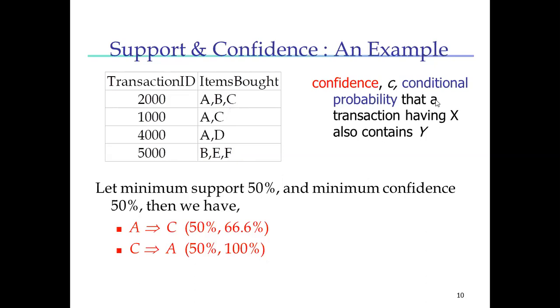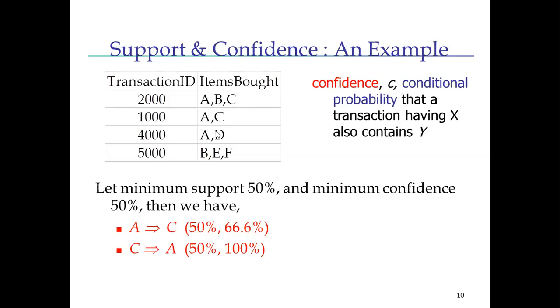The definition of confidence is the conditional probability that a transaction having X also contains Y. Here X is A and Y is C. Of the transactions having A, we see how many also contain C. A appears 3 times, and out of those, A and C together occur 2 times, so it is 66.6%.